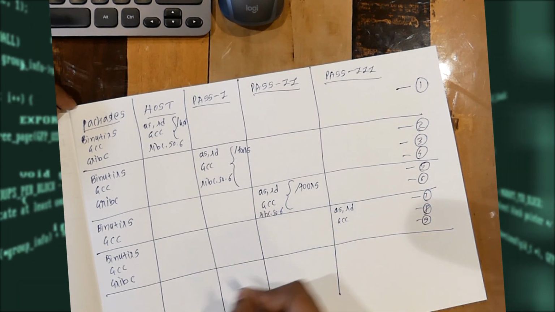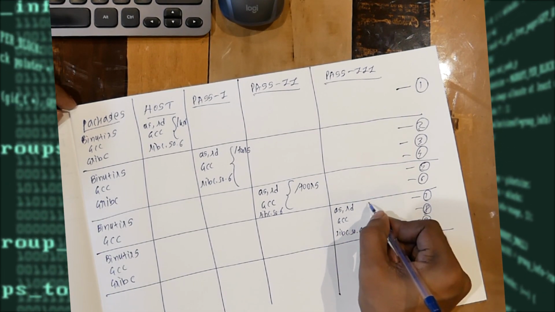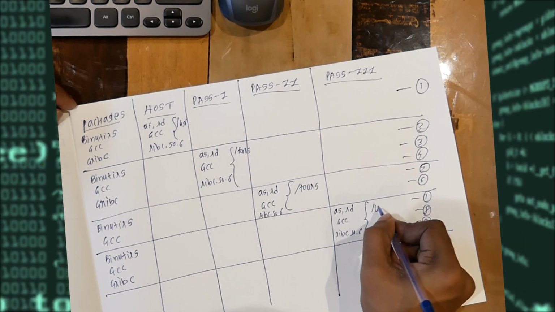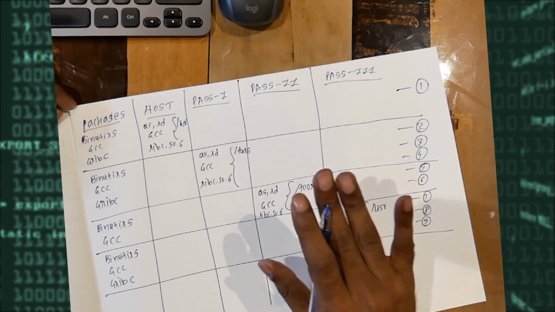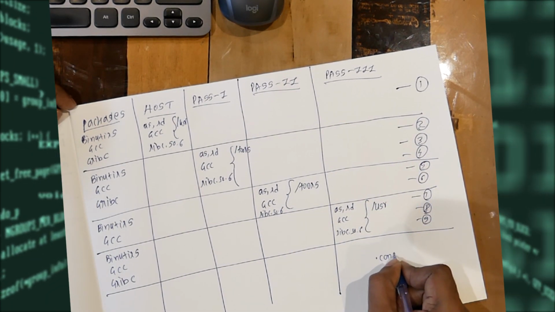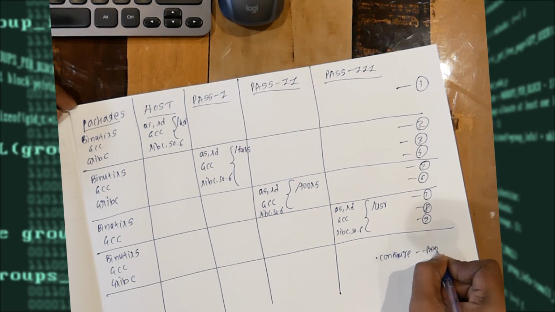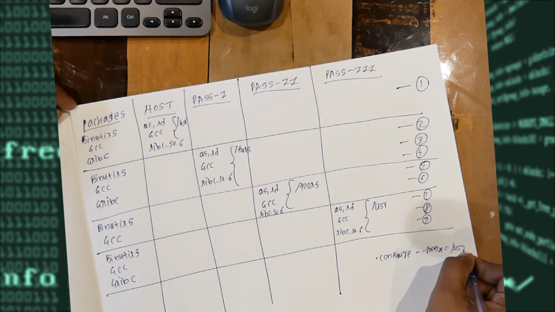GCC will provide us GCC. Glibc will provide us libc.so.6. And we will be installing this inside /usr. So our prefix will change. Whenever we fire the configure command, our prefix will be /usr.